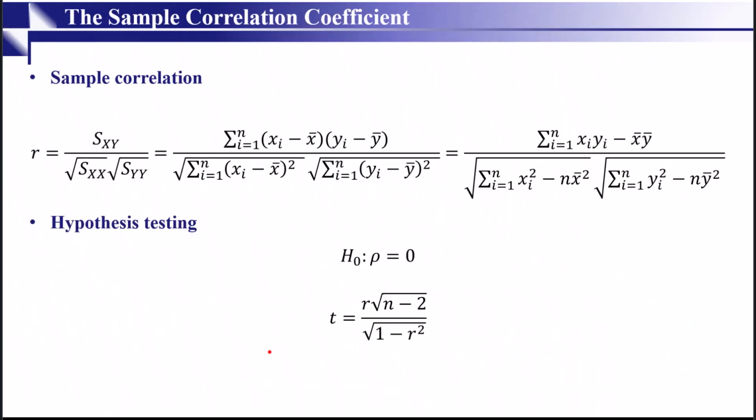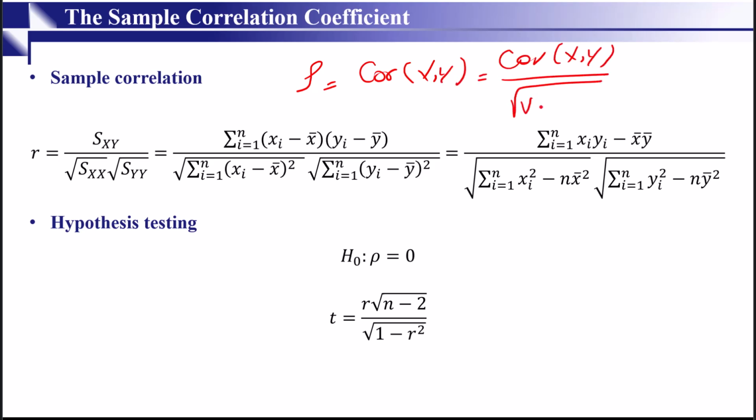The last but not least is the correlation analysis. We know that correlation is the measurement of association between two random variables. For example, rho is equal to the correlation of x and y, which is equal to the covariance of x and y divided by the square root of variance x times variance y.